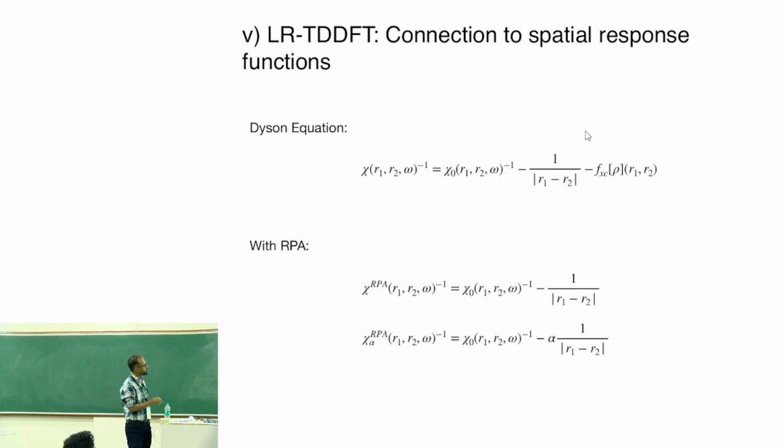So it is a function of R1 and R2, but there is an implicit dependence on the density, right?